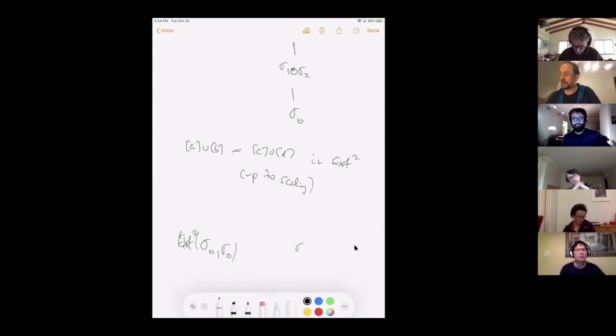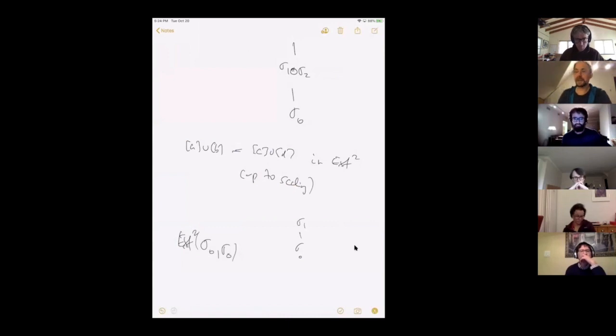And then if we were to take one of these extensions, sigma 0 by sigma 1, now if we were over GL2 of F_p, sigma 0 wouldn't deform and sigma 1 wouldn't deform, but this extension over GL2 of F_p, such an extension we saw was the reduction of a lattice. So this extension does deform. So some obstruction gets killed now.